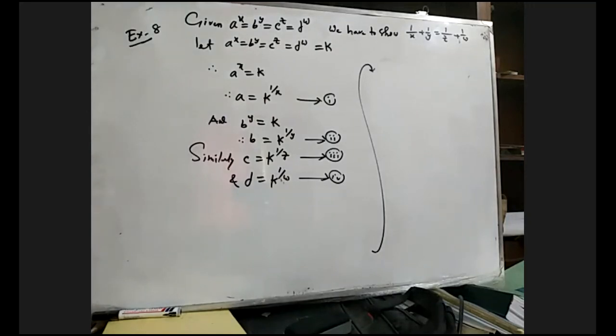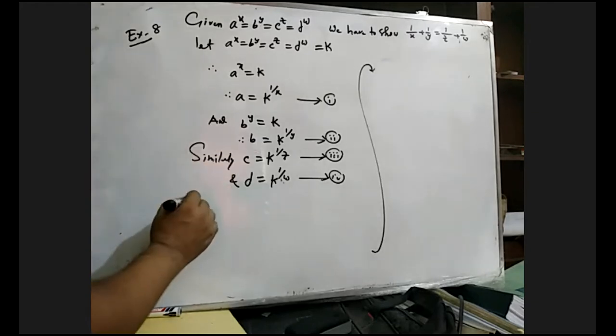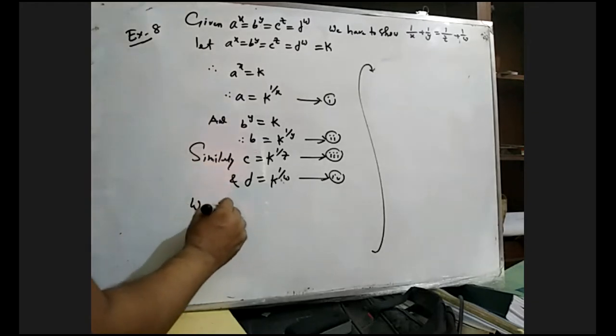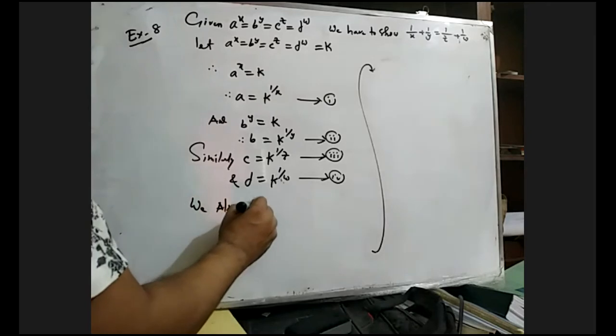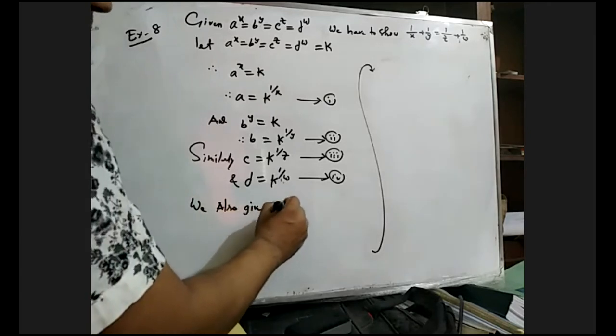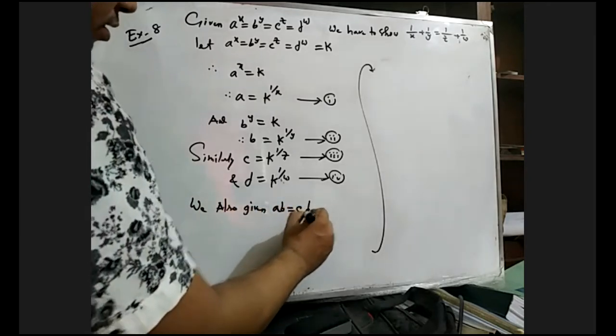So we have another condition, AB equals CD. We are also given AB equals CD.